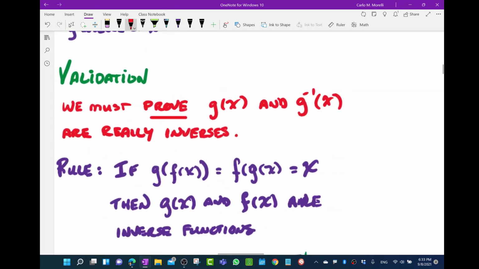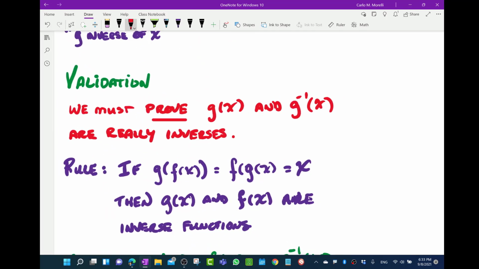Look, we found that g of f of x equals x. So we found this. All right? And that's big news. We're halfway there. Now we just have to do the opposite. F of g of x, let's hope, equals x as well.